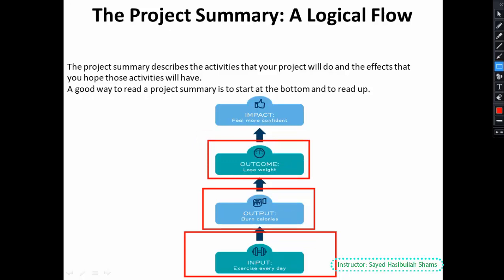So in the logical framework, all these must have flow. Otherwise, it will be totally useless. So first, we define impact, and then we have input and output, and the third step is outcome. So here we understand the logical flow.